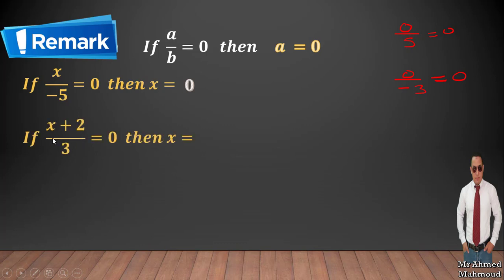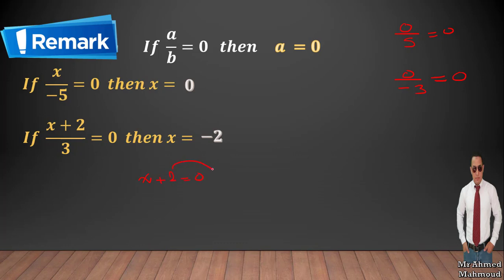Another example, if (x plus 2) over 3 equals 0, again x plus 2 equals 0, so x equals what? Number plus 2 equals 0. What is the number plus 2 equals 0? It's negative 2. So x equals negative 2. I can solve this one as an equation like this: x plus 2 equals 0.